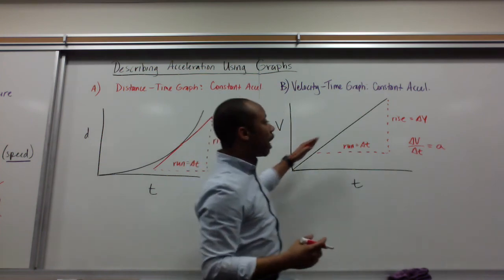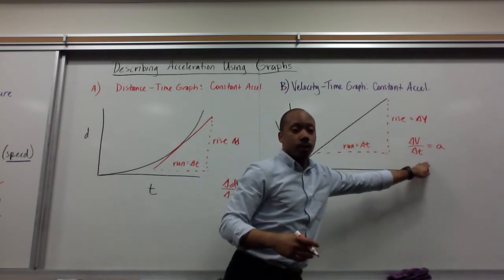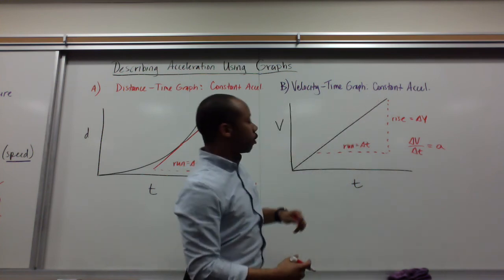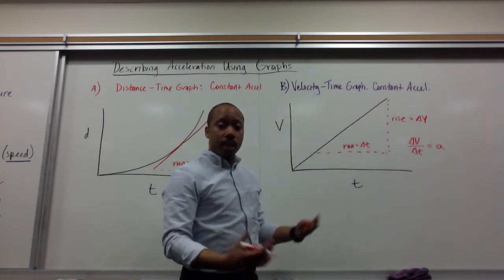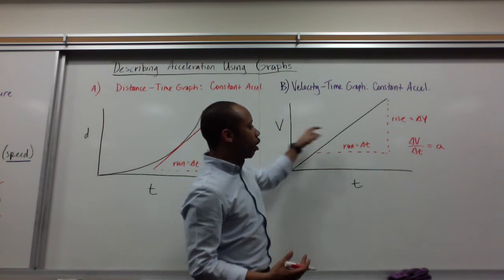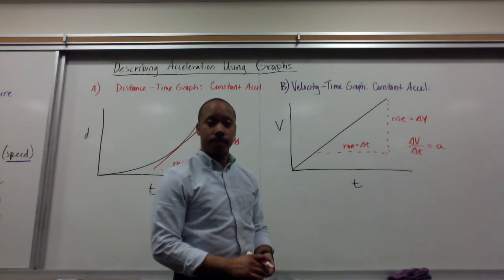So the slope of my line here is my acceleration. And since it is a constant straight line, linear slope here, we can assume or deduce that each rise over run ratio will give the same acceleration.